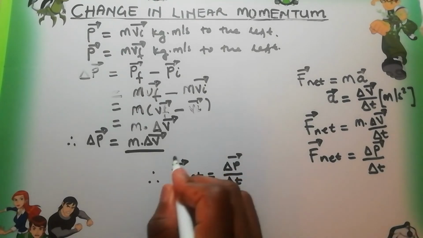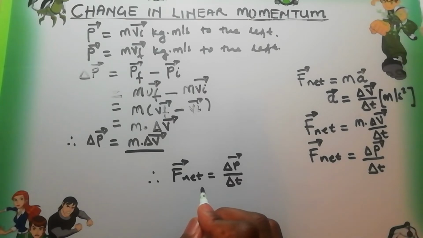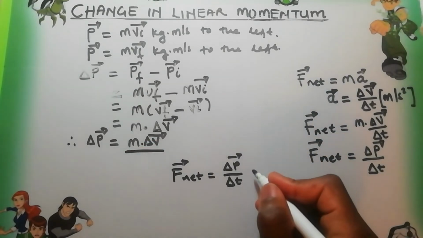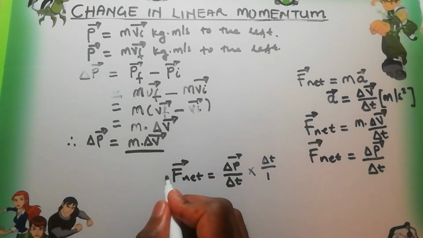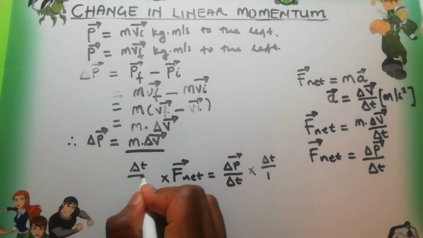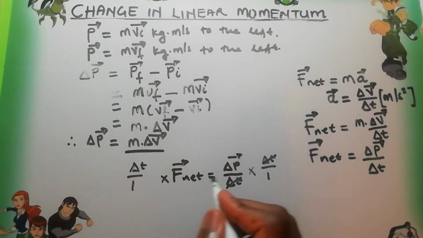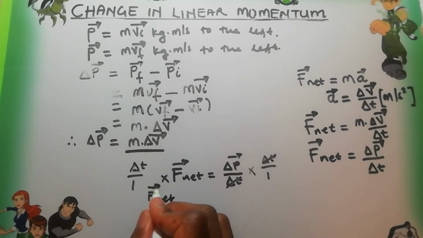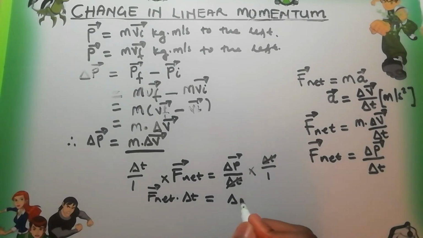From this formula, we can go further and multiply both sides by our change in time. Let's see what we get. We multiply both sides by change in time over 1, so this and this will cancel each other out. So you are going to have F net multiplied by change in time equals change in momentum.